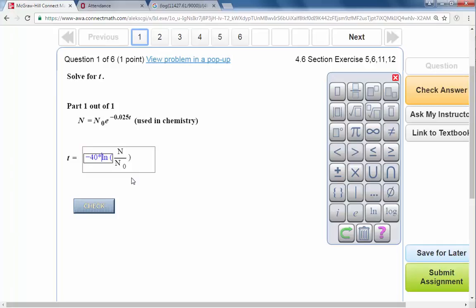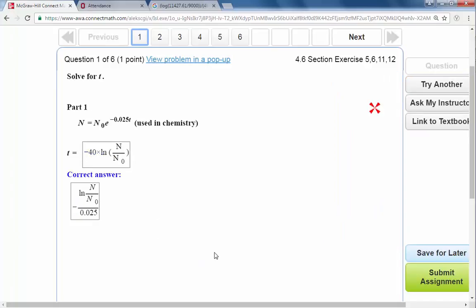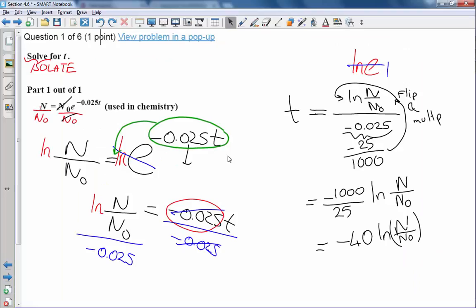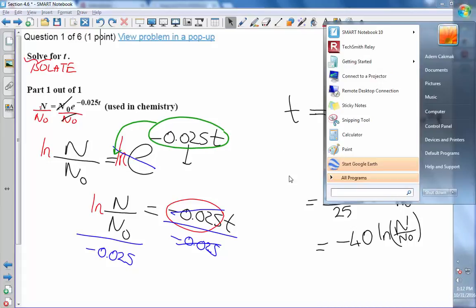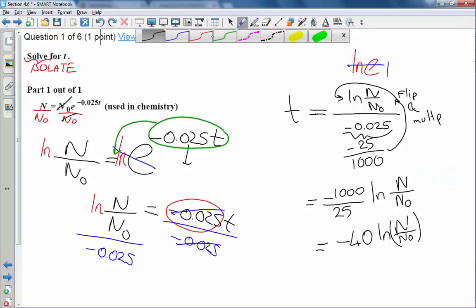I did here. You mean this? Let's check. Unbelievable. For the first time, I agree with you. Connect math is sometimes stupid. But yeah, it just likes my earlier answer. Don't change it. Yeah, they like it like this one. So it's not that smart. They want this as an answer.